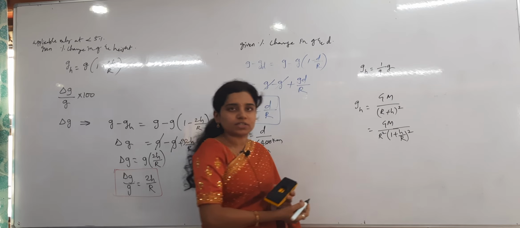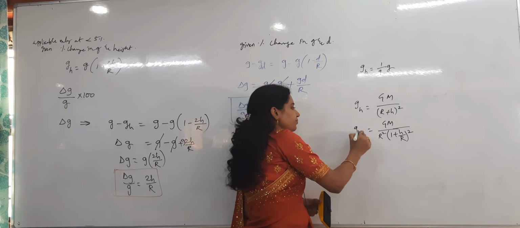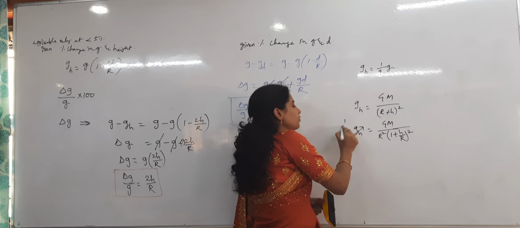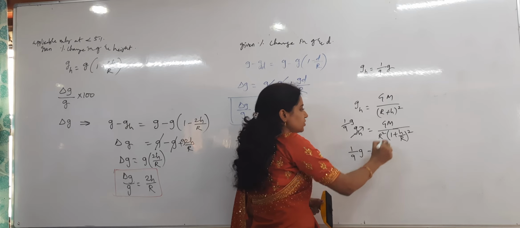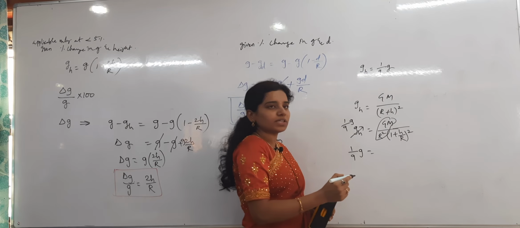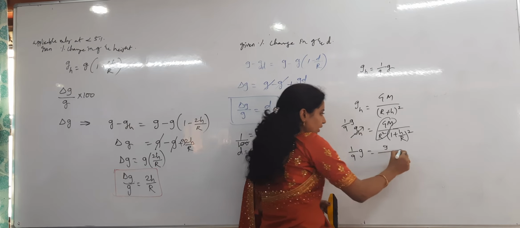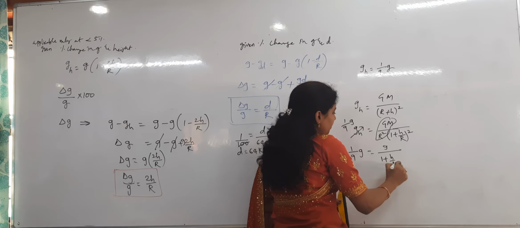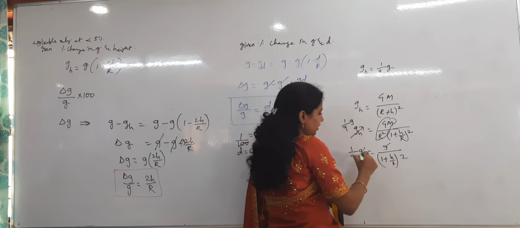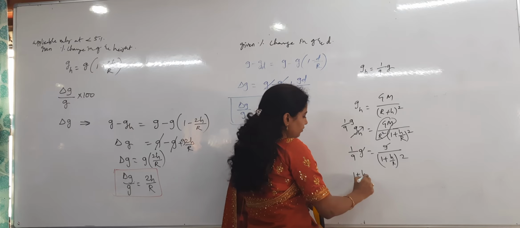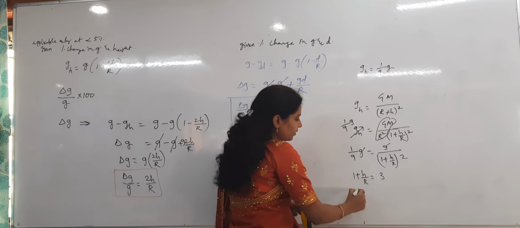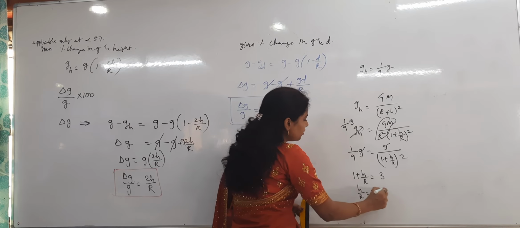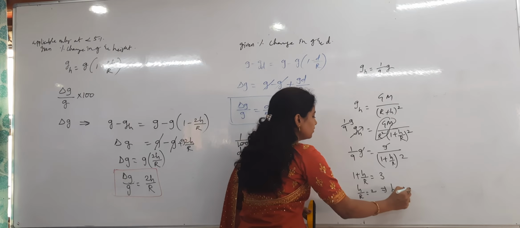This is what we got now. Then GH here, what is the GH value they are saying? 1 by 9 times of G. So 1 by 9 times of G is equal to, what is GM by R square here? G, that divided by 1 plus H by R whole square. G gets cancelled here. Clearly 1 plus H by R is equal to how much can I write? 3. Then H by R is equal to 2. H is equal to 2R.